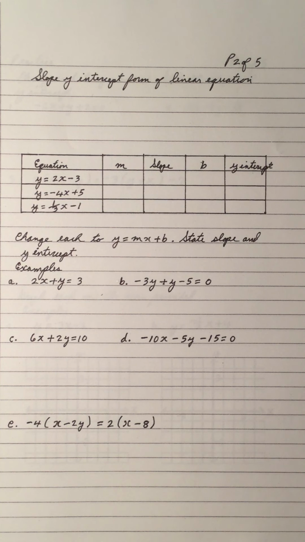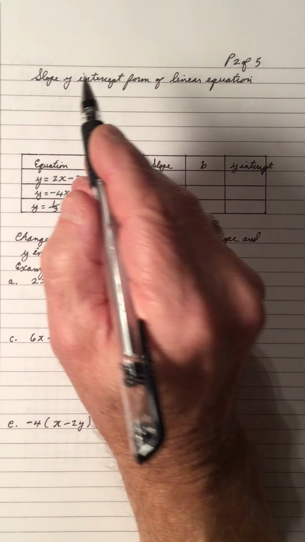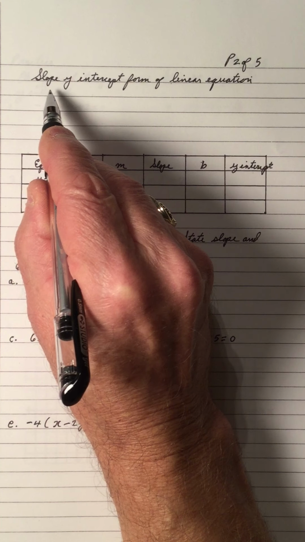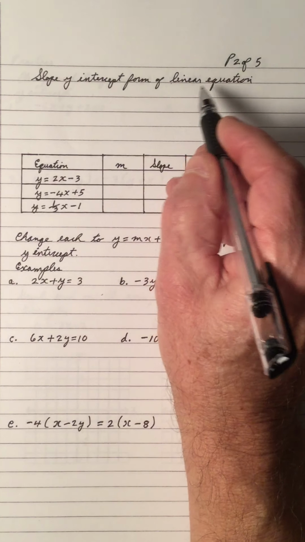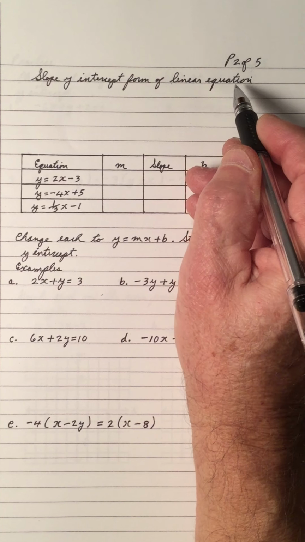If you go back and look at the equation of a line, you'll see many videos on how to graph and find equations, etc. And one of the forms of an equation of a line with two variables is the slope y-intercept form of a linear equation.